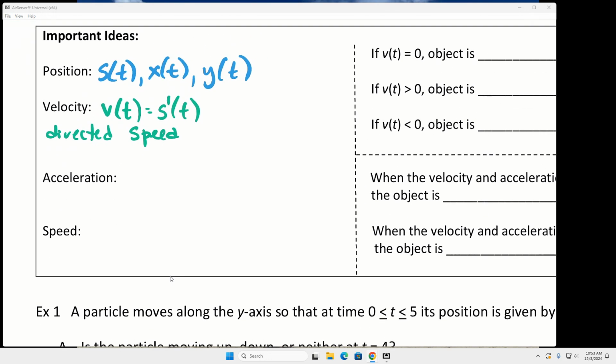All right, acceleration is a of t or v prime of t or which prime of s? Double prime.